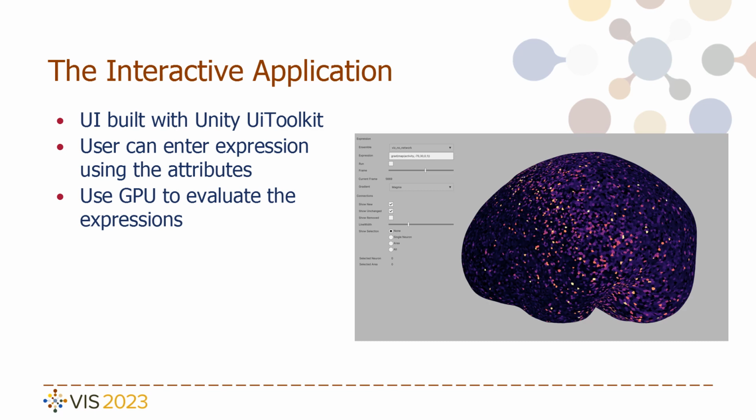And we can display any combination thereof. So for example, if we decide to show new and deleted connections, that would be the flux. Because we evaluate the expressions on the GPU, this is very efficient and runs in real time even on older hardware.